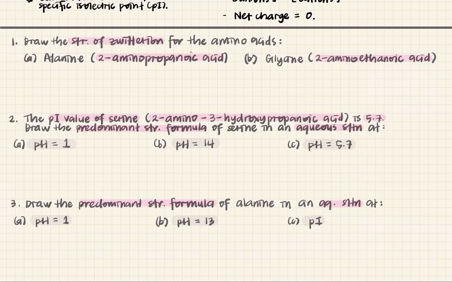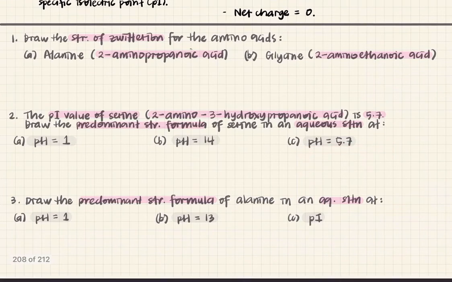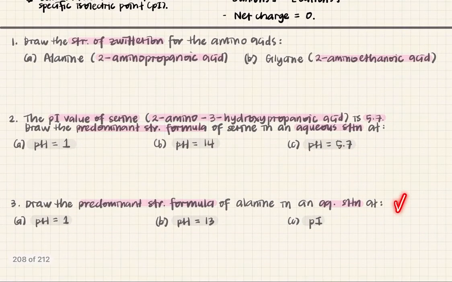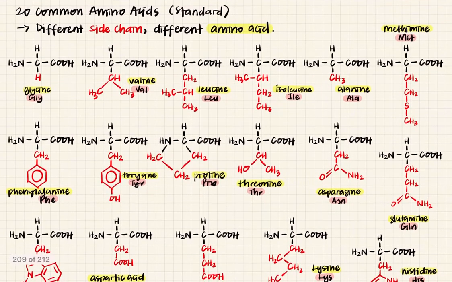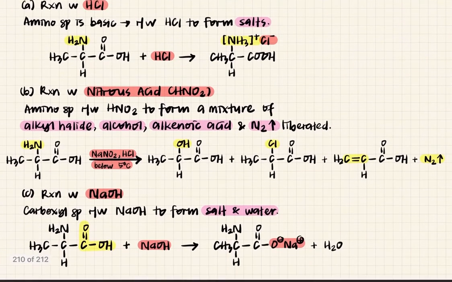So that means that the ion with the highest concentration will be your zwitterion. So you just draw your zwitterion. Right. Okay, this is the same type of question. Alright. Okay, next we're going to go into chemical properties.